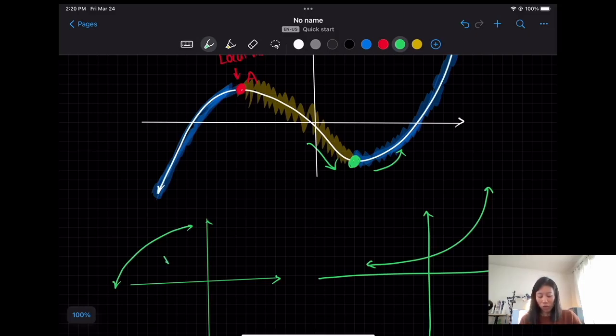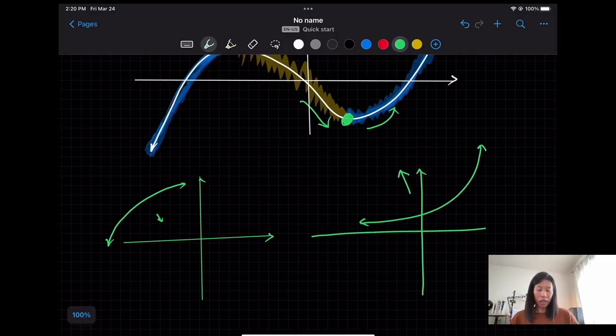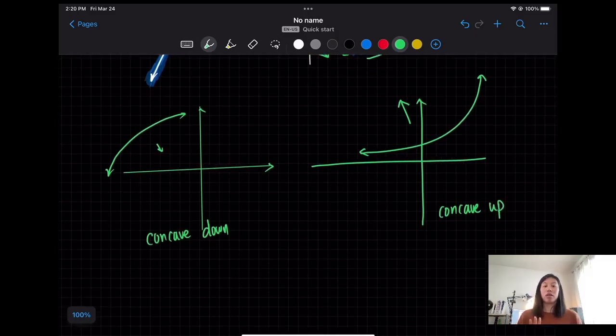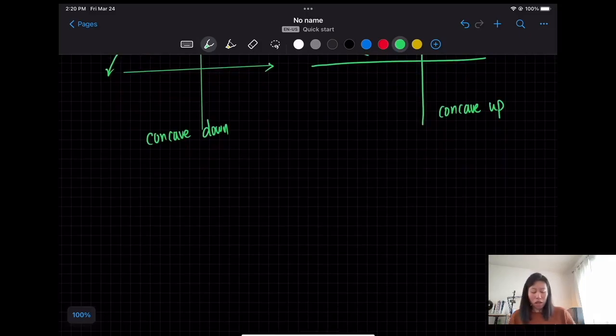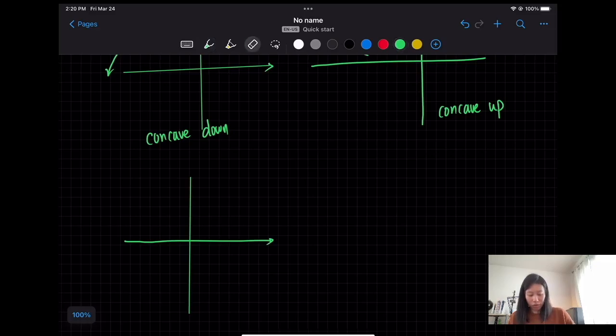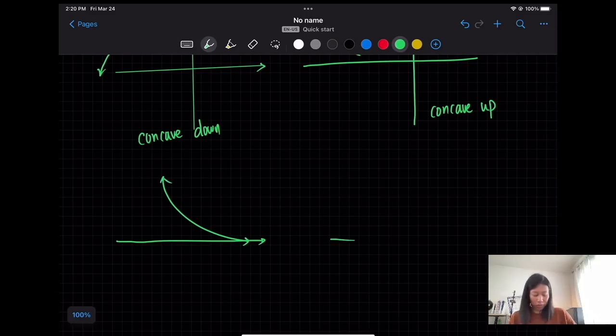This one is like a U opening downward, whereas this one opens upward. This one we call concave down because it points downside. And this is increasing but concave up, going upwards.